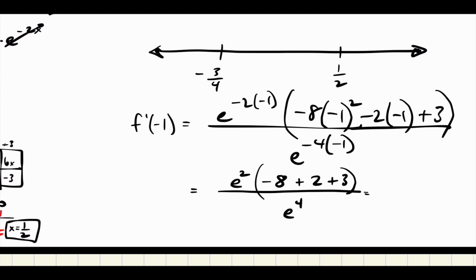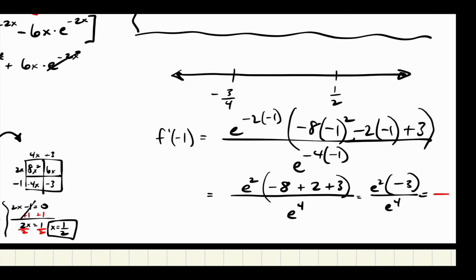So I'm going to get e squared times -3 over e to the 4th. e squared is positive. e to the 4th is positive. But -3 times those things is going to give me a negative answer. So that's negative.